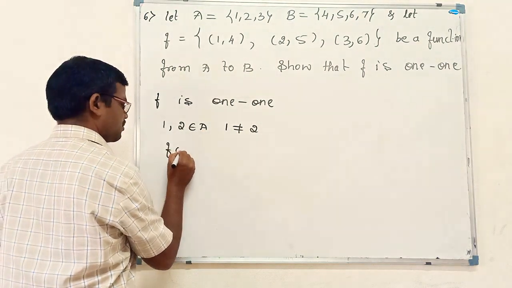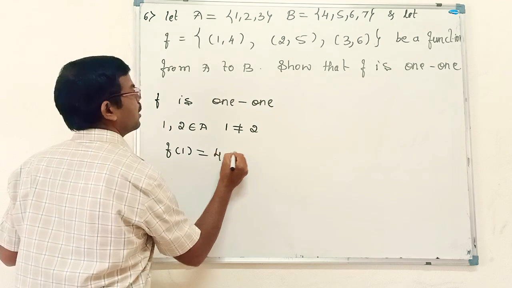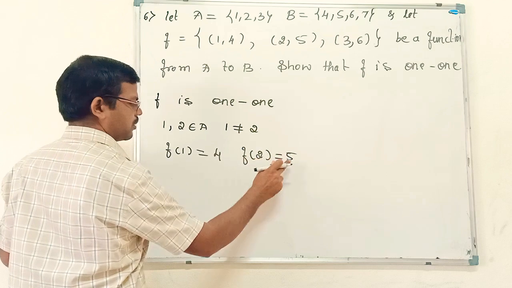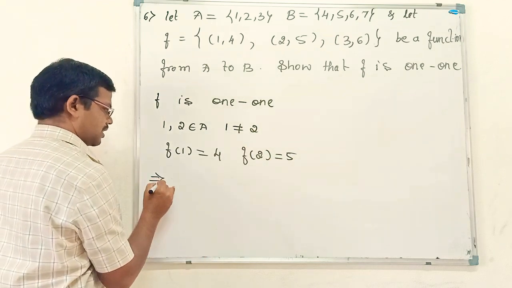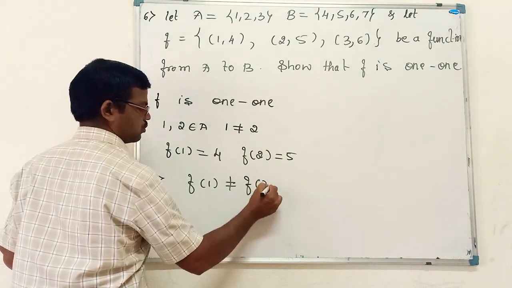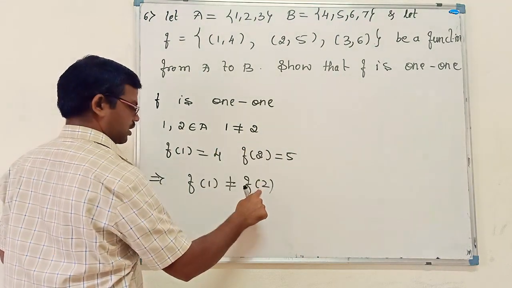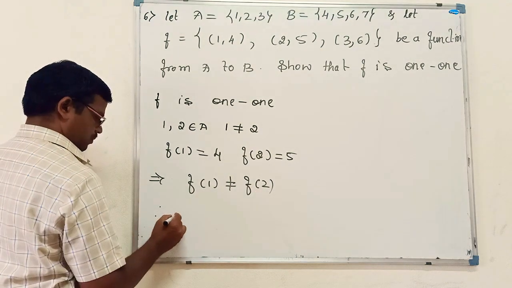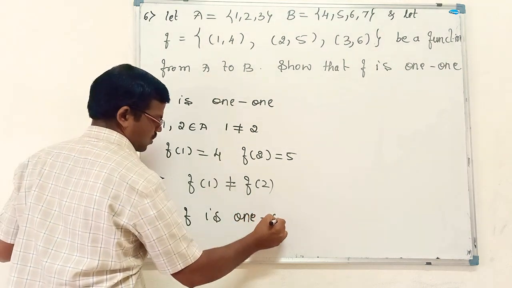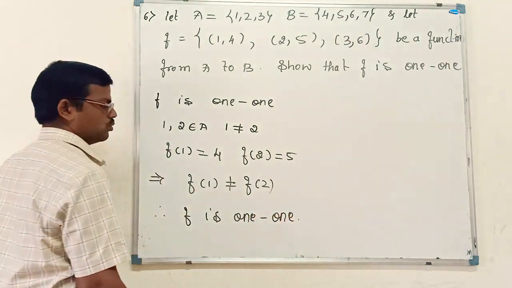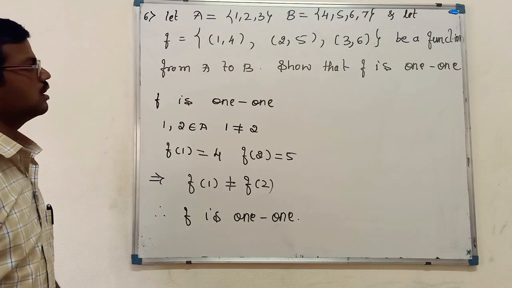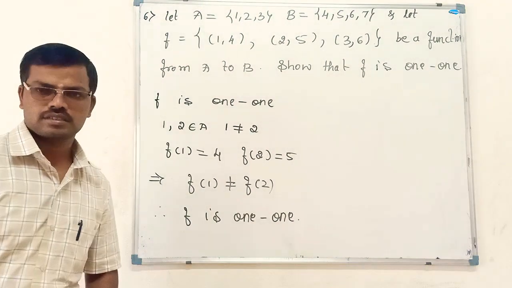Let me find their images. F of 1 is 4 and f of 2 is 5. So 4 and 5 are never equal. It implies that f of 1 is not equal to f of 2. Different elements got different images. Therefore, f is a 1-1 function. Like this we have to prove that it is a 1-1 function. So this completes example number 6.